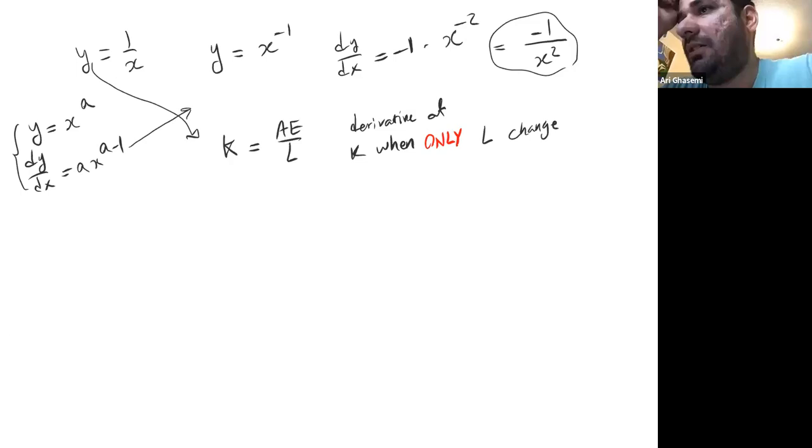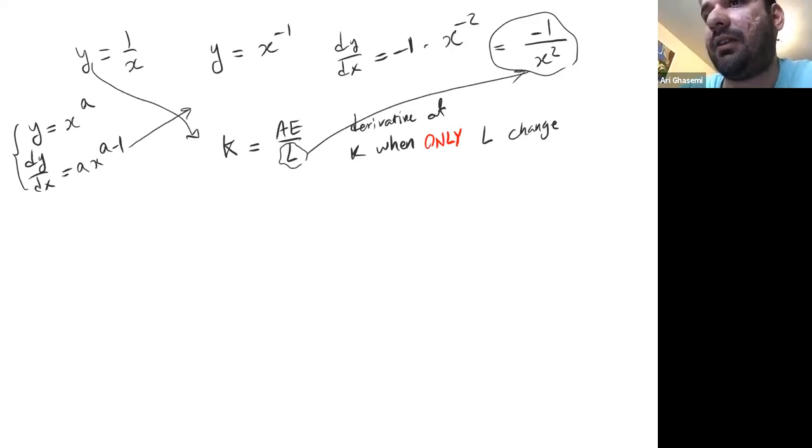So L here is like X. So what do I get? Well, this is my only variable that changes. I treat it like this X. So everything else is constant. So let's group them together. This will group to a constant. Take it out of the derivative. So you say dk dL is equal to, take that constant out, so you get aE, then take the derivative d dL of 1 over L. You see that?